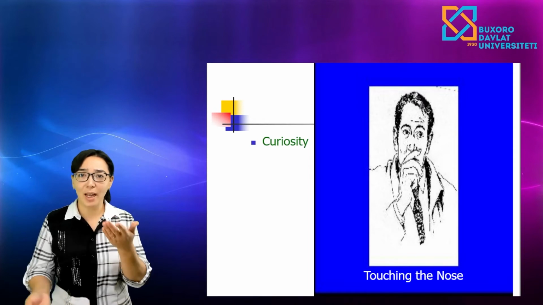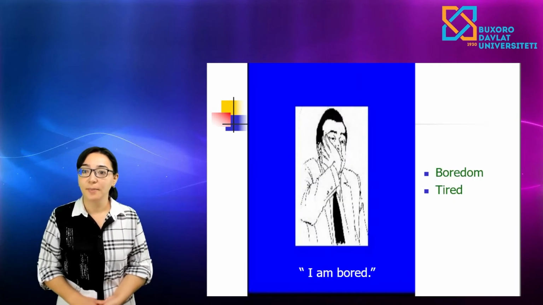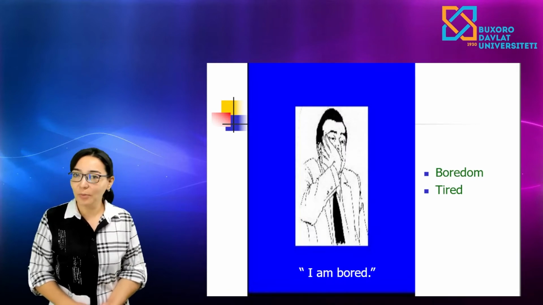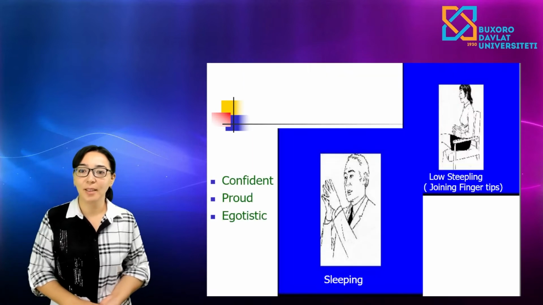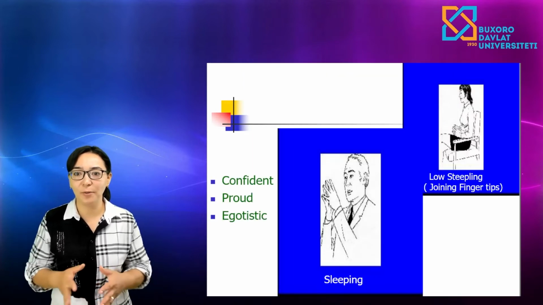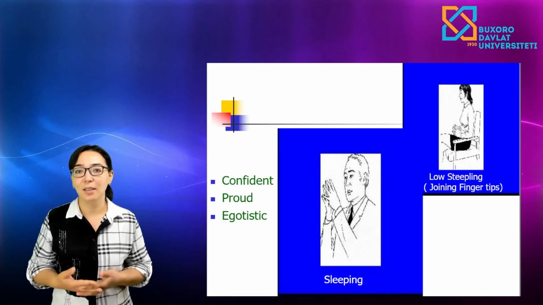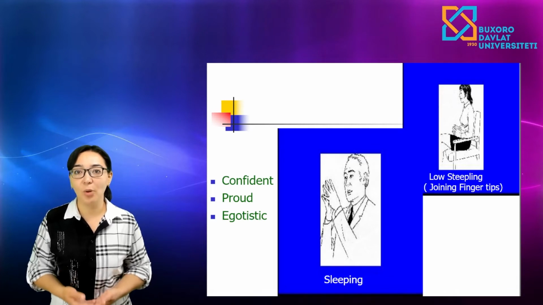Touching the nose refers to curiosity, of course. "Oh, I'm bored": this kind of body language or facial expression refers to boredom or tiredness. Or a low steeple, joining fingertips: they are elements of being confident, proud, or egoistic.